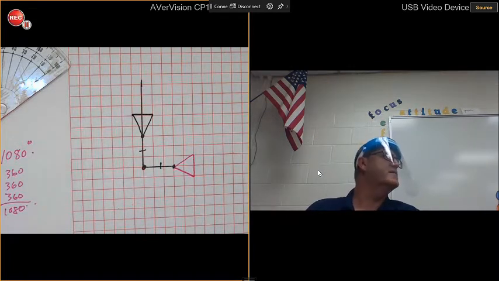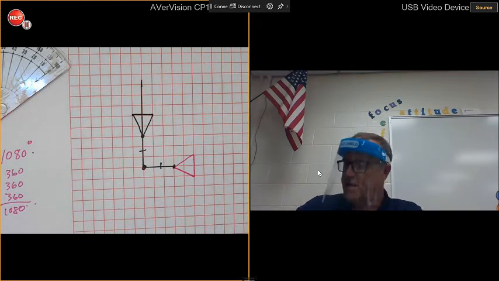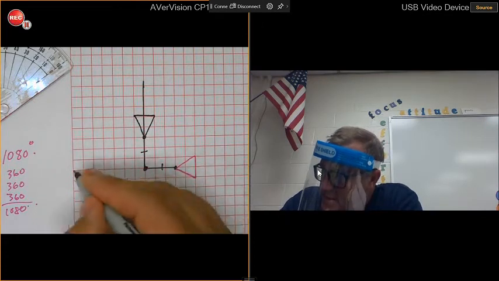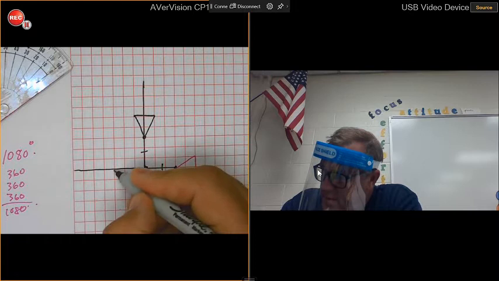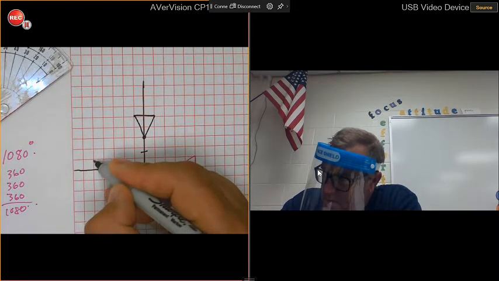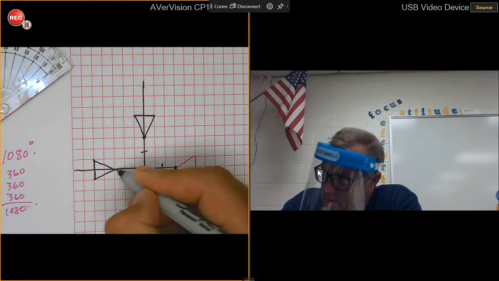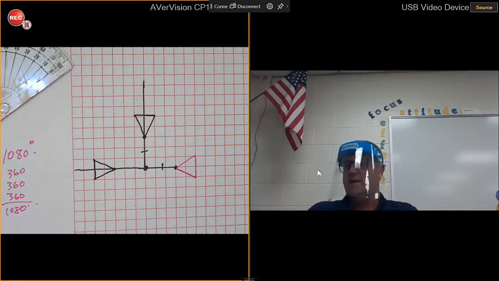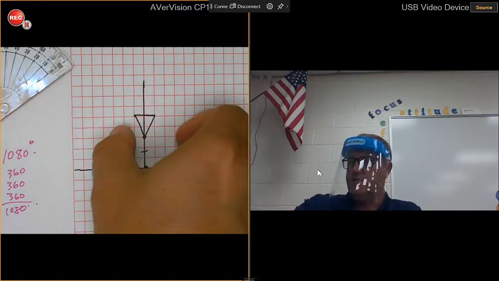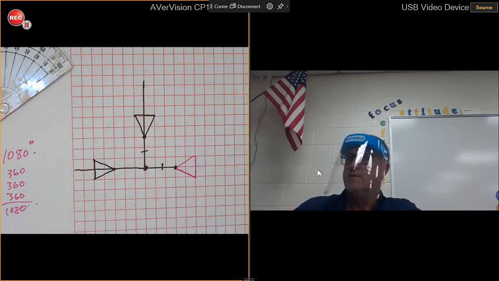I've just rotated it 90 degrees. If I'm going to rotate 180, I would just continue it on this line. 1, 2, 3. You get the idea? And so again, it's like a dial, counterclockwise. Going this way.